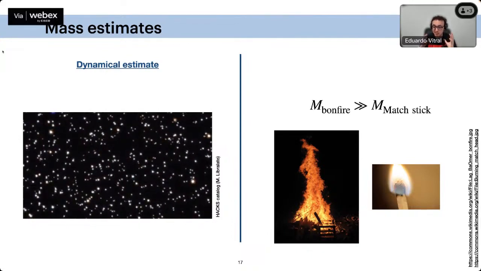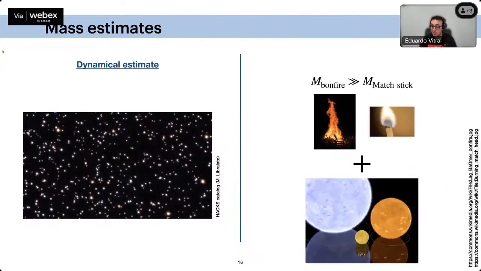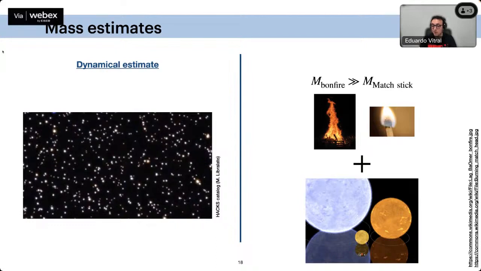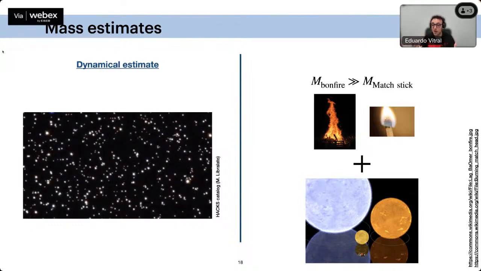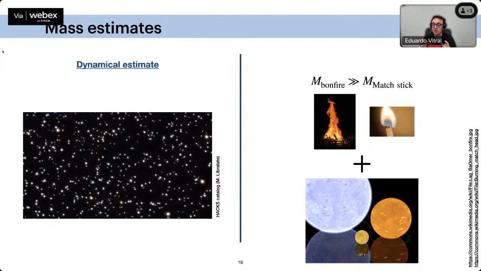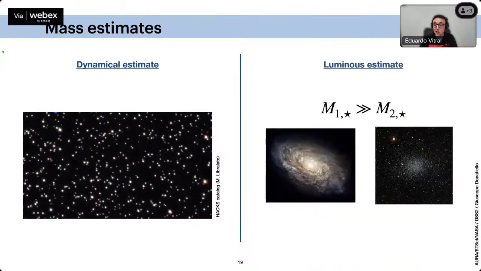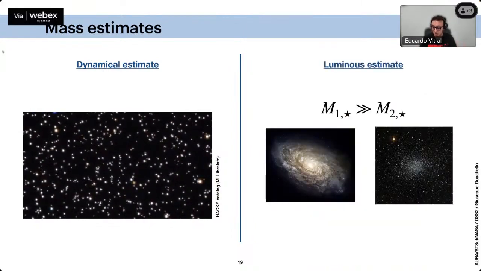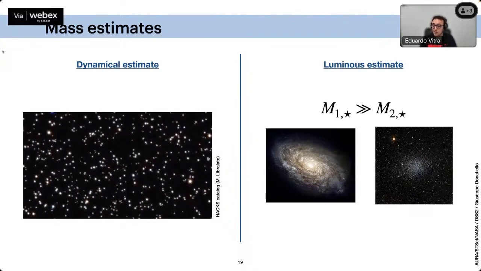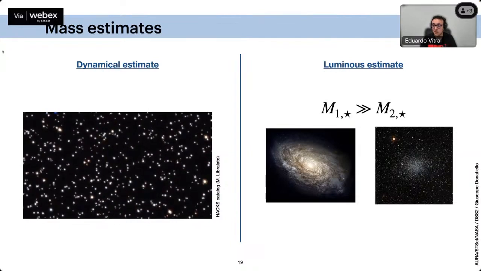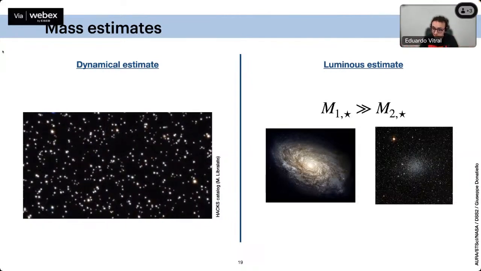Now, with the same kind of intuition, astronomers gather up knowledge about stellar evolution, about different types of stars and how they evolve, what they are composed of, and they can come up with an estimate of mass from their luminosity. That's what we call a luminous mass estimate. And it's something that allows us, for example, to say that the galaxy here in the left is much more massive than the one in the right, at least what concerns the light that we see.